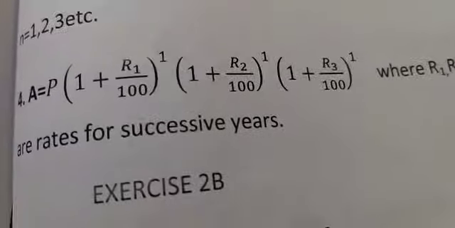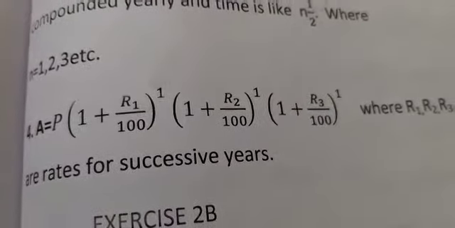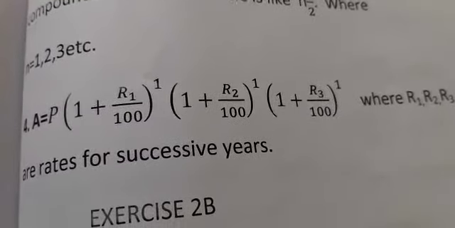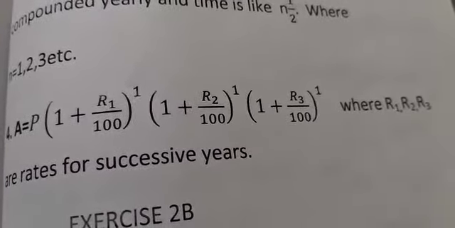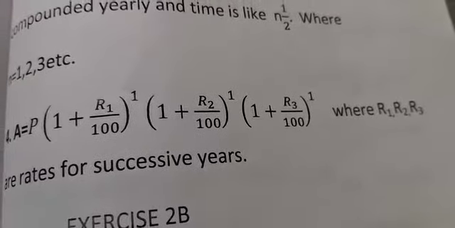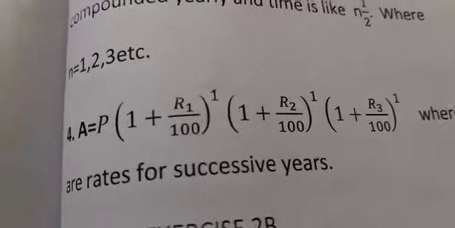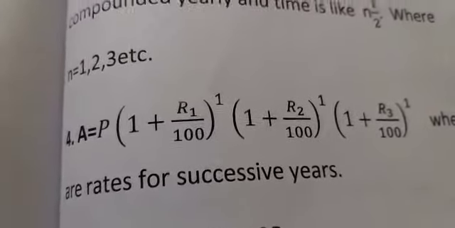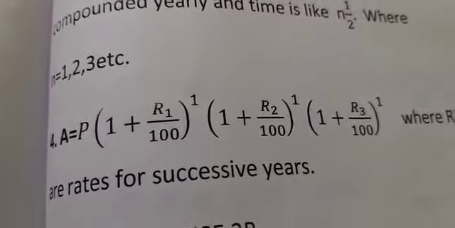Now the fourth case, where the interest is payable yearly, but the rate changes year by year. Here the rates are R1, R2, R3 for the successive years.